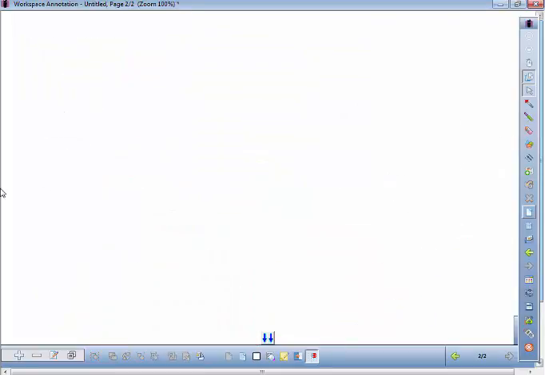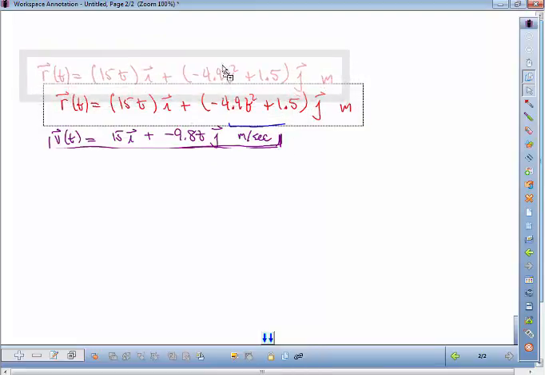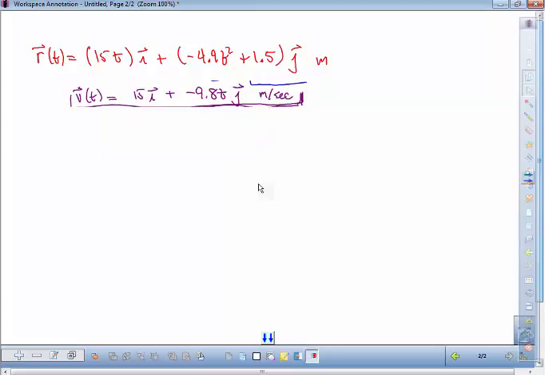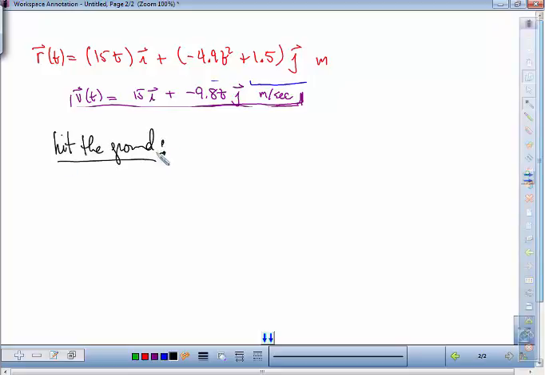So, to answer the question, where does it hit the ground? What function should we use? And what should we do? Yeah? We should set the origin at the ground.